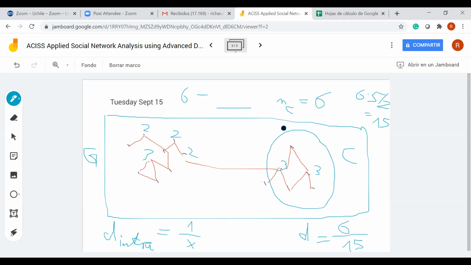So what I'm saying is the distribution of these numbers inside the community is different from the distribution over the entire network. If we would use the distribution over the entire network, then we would have fewer links inside the community.